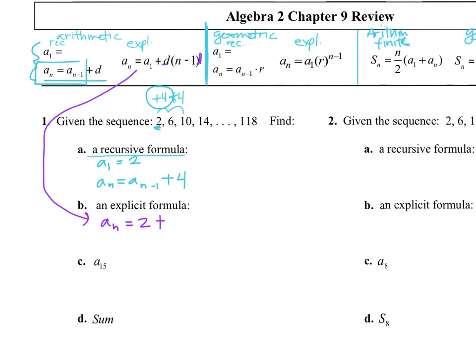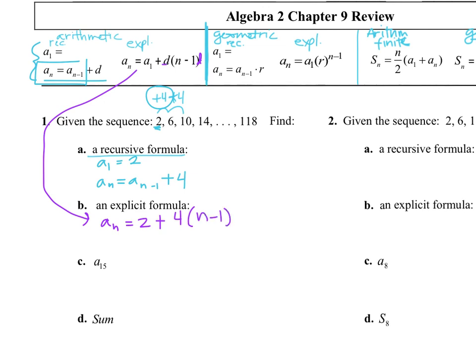There's no difference. So common difference in front, common difference at the back, it does not matter. So what we're going to do is 2 plus, well, I'll just write it this way for now since that's where the common difference is. 4 is the common difference, and then n minus 1.